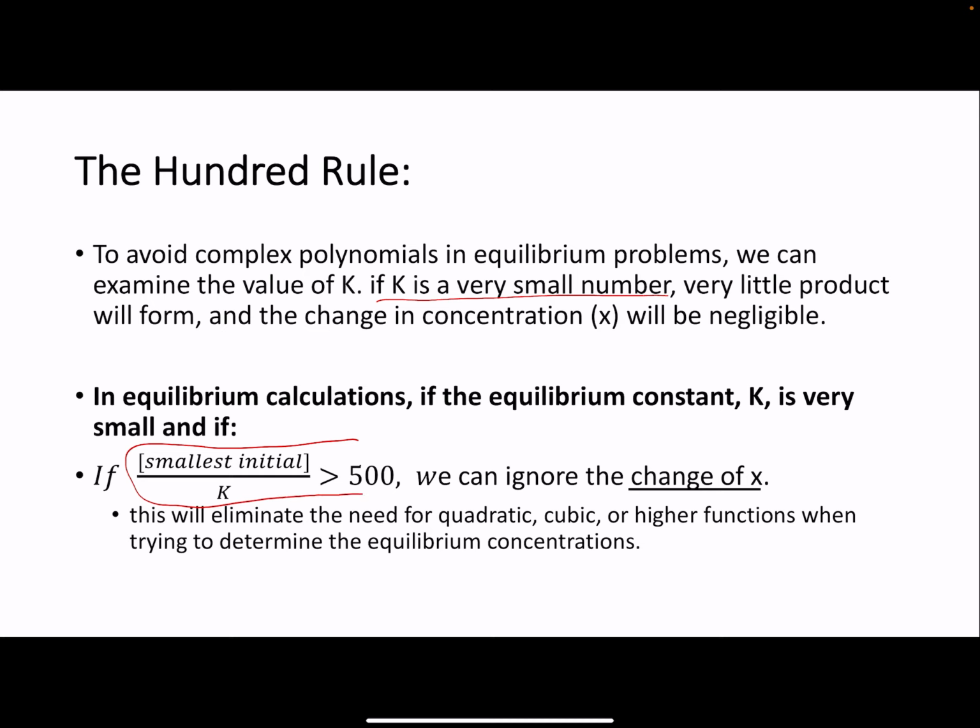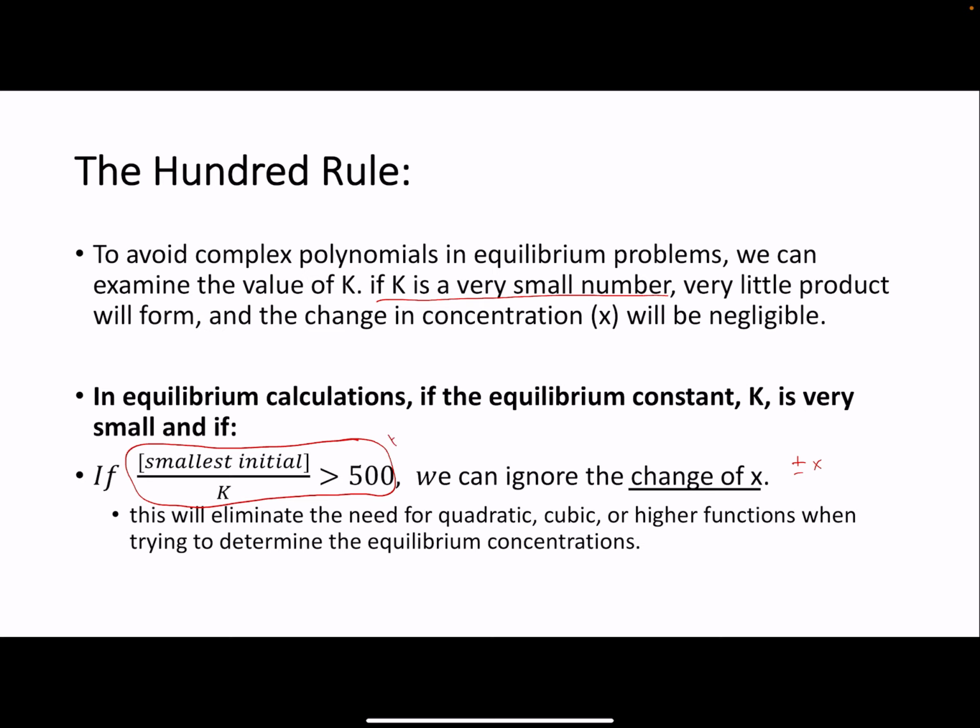If the smallest initial concentration divided by K is greater than 500, we can ignore the change of x, whatever the value is when we say plus or minus x. By doing that, we eliminate any kind of polynomial that can form because we're not expanding out an exponent.